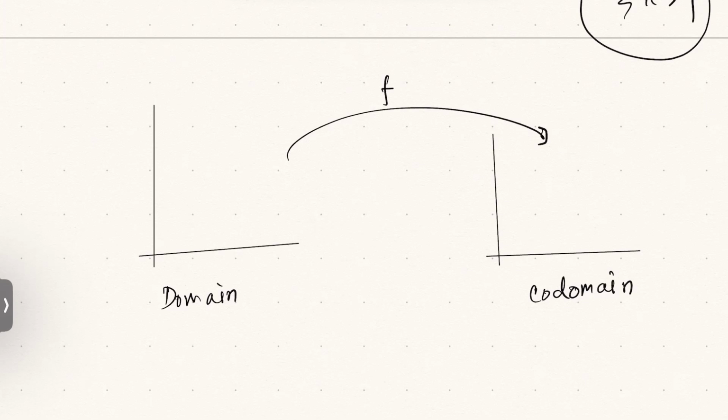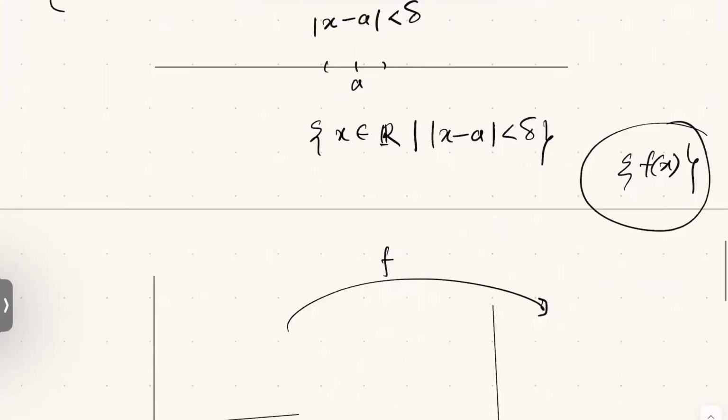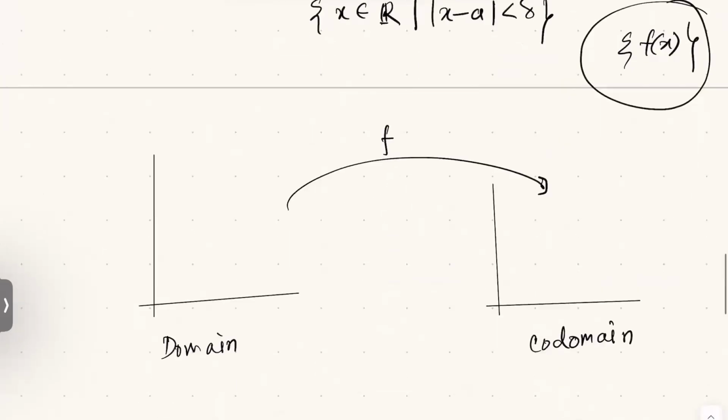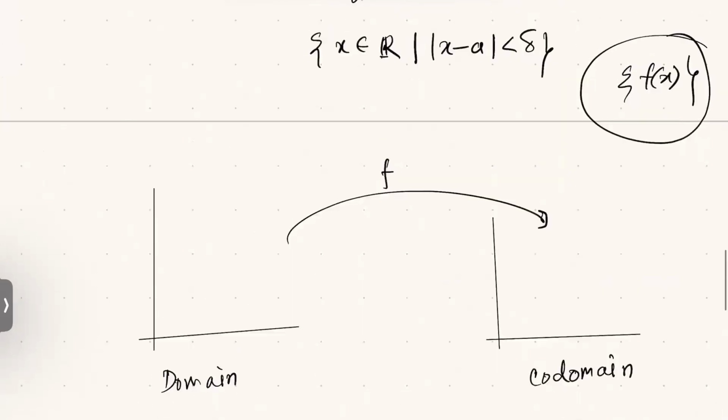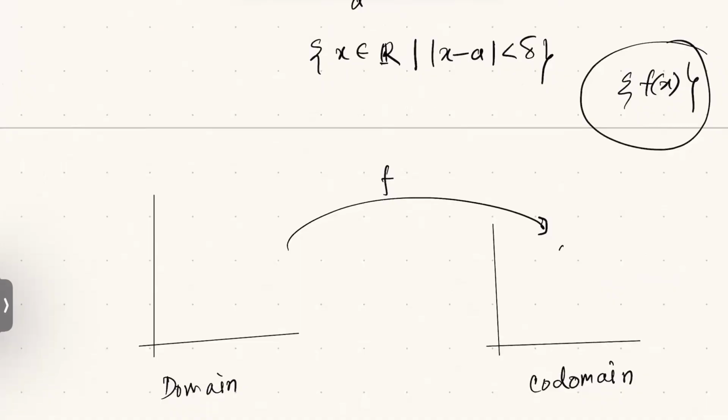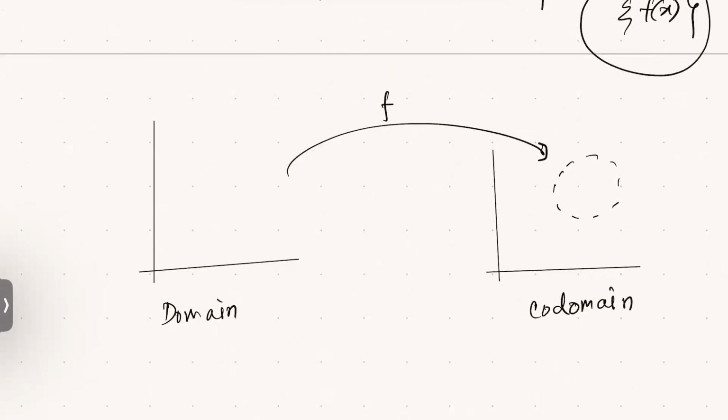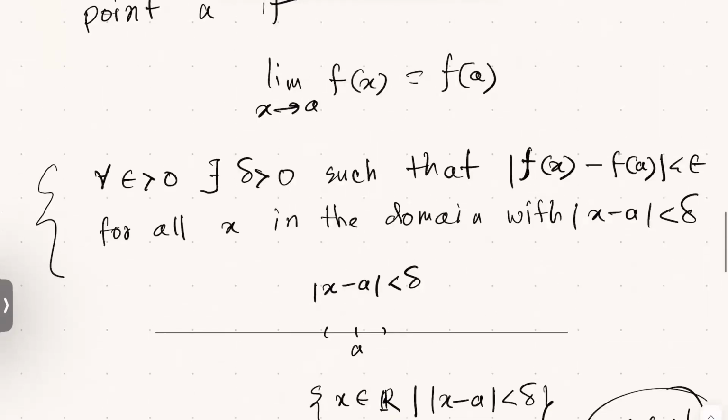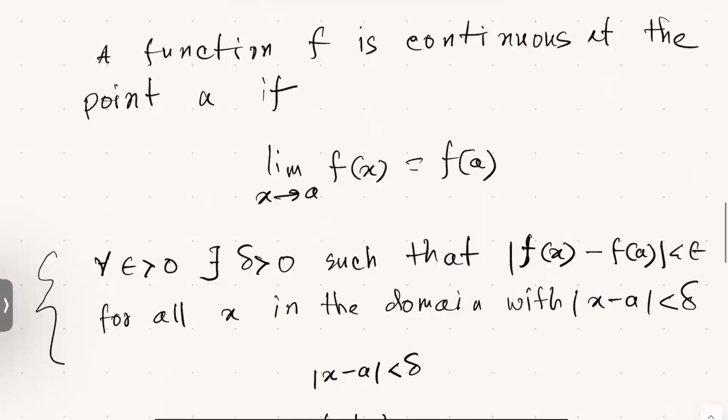Subset of the codomain, right? So that means this f of x will be something like this, in the codomain. Since it is in the codomain, and from the expression we see this is something like an open interval, if we consider it in the set of real numbers.